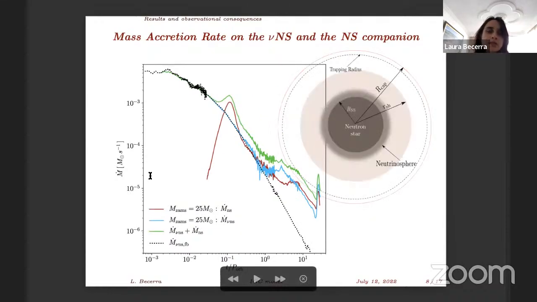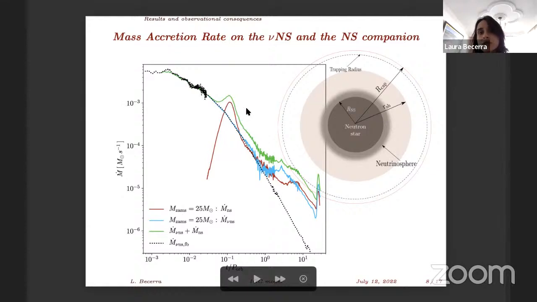And we see these accretion rates are high, they are of the order of 10 to the minus 3 solar masses per second, and this accretion is possible because around the neutron star, it forms an atmosphere that is dense and hot enough that the emission of neutrinos starts to be efficient and can release the gravitational energy from the accreted material.